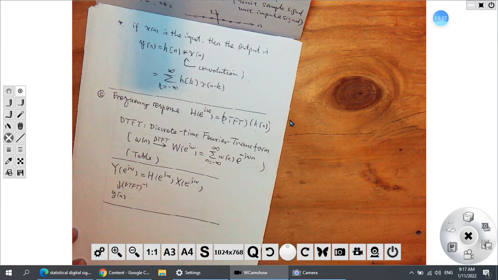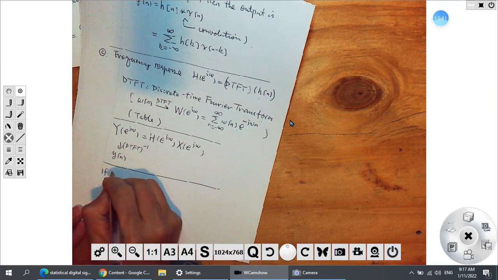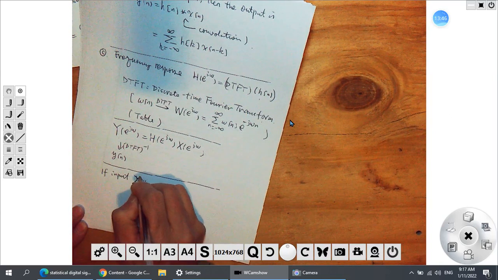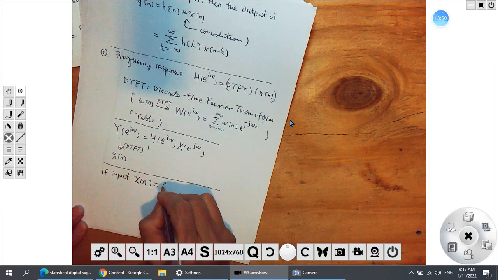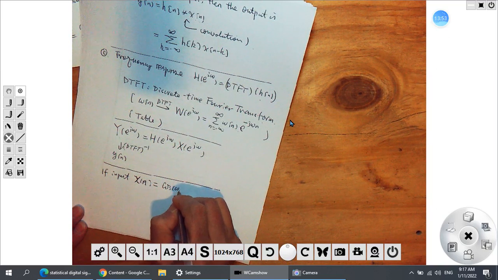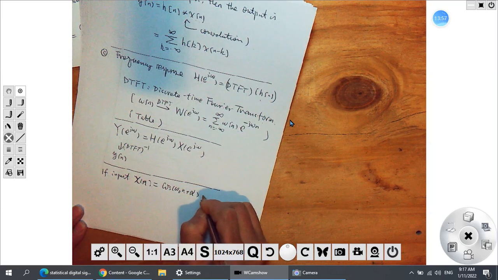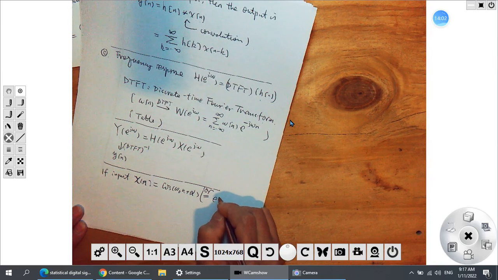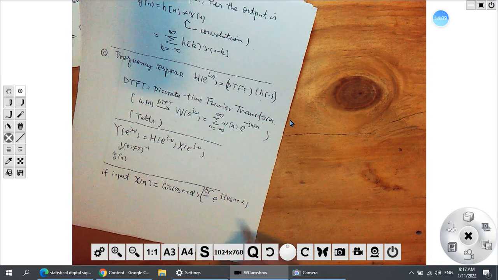And for the frequency response, we also have a very special case. If the input x of n equals a cosine of omega naught n plus alpha, or the exponential e to the j times omega naught n plus alpha, we have this case or this case.